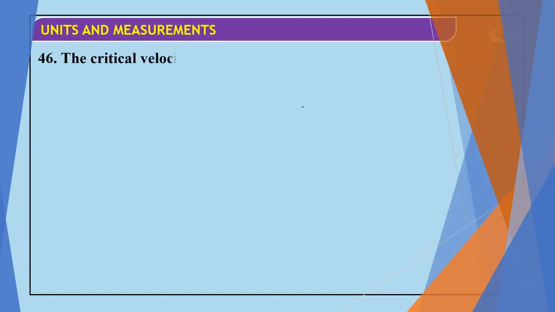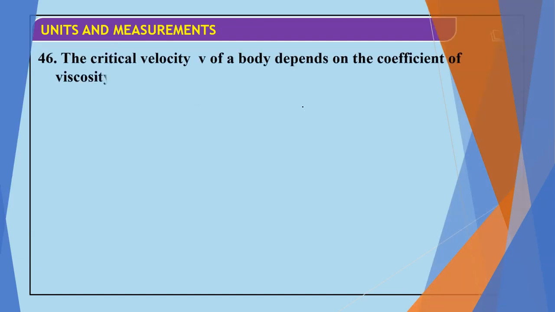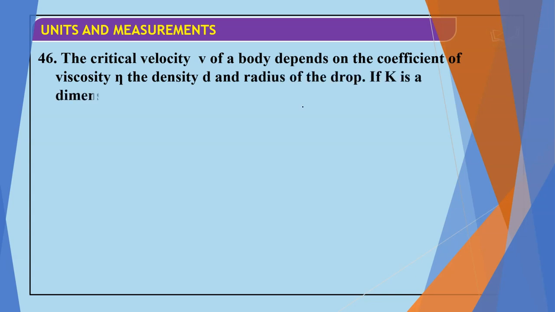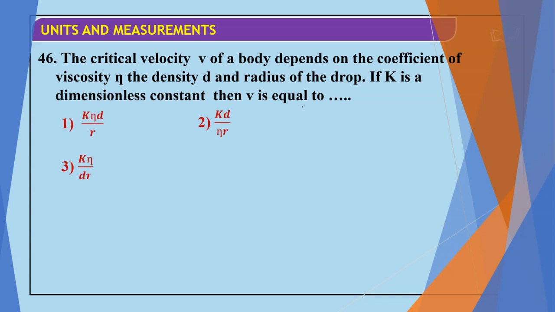Now, the next question is: the critical velocity v of a body depends on the coefficient of viscosity eta, the density d and the radius of the drop. If k is a dimensionless constant, then v is equal to, we have these options.